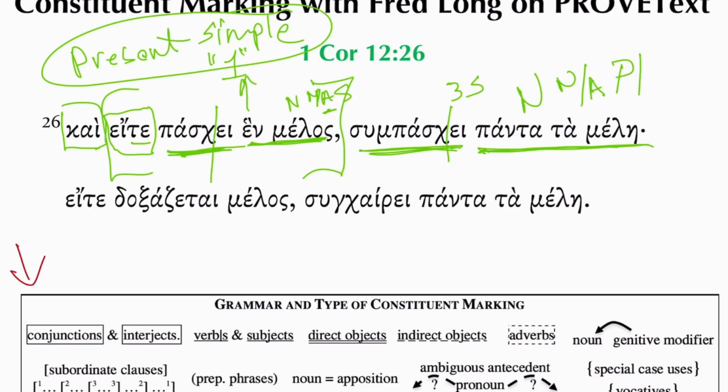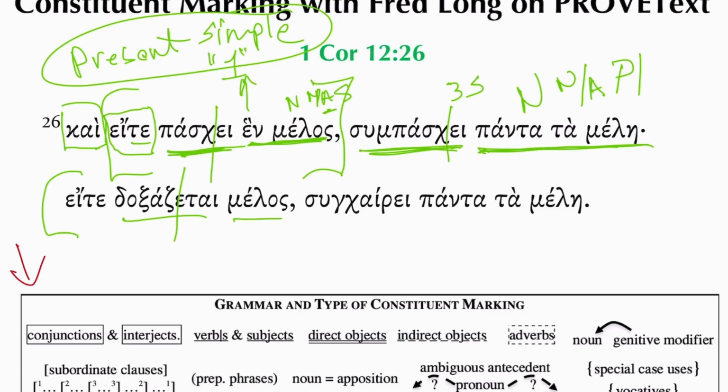Now we come across an eite. Eite again, so the second part of verse 26, we're going to see parallel structures. Eite doxazetai melos, there's the subject and verb. Doxazetai is third singular. It can be present, middle or passive, indicative. In this case, it's probably passive.